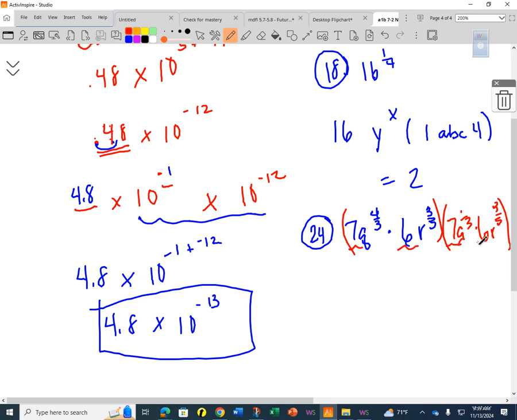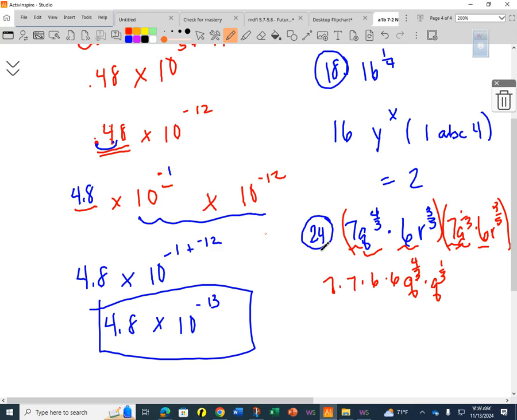Coefficient, coefficient, coefficient, coefficient. 7 times 7 times 6 times 6. Now we're going to put our like bases, the q's, together. q to the 4/3 power times q to the 1/3 power. Right, so we've done all those. We got rid of our q's.